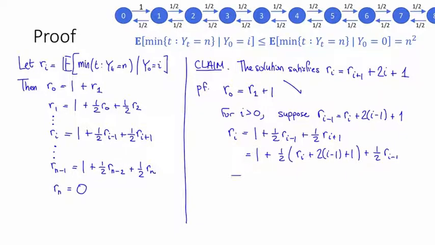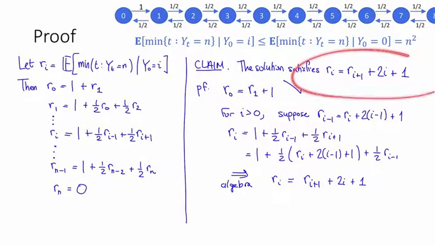And if you do a bit of algebra on this, I'll let you check this, we get that r_i is equal to r_(i+1) plus 2i plus 1. And that establishes the inductive hypothesis for the next round. So that proves this claim.